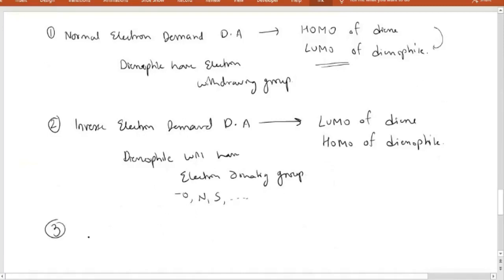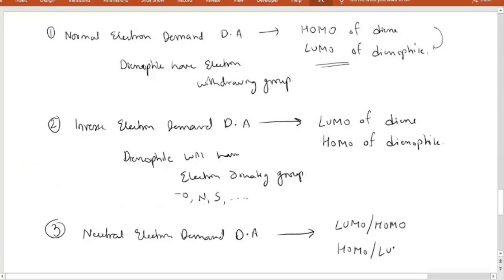In that case, it is neutral one, neutral electron demand Diels-Alder reaction. These reactions are neutral electron demand Diels-Alder reaction because either LUMO or HOMO of diene and dienophile will interact.